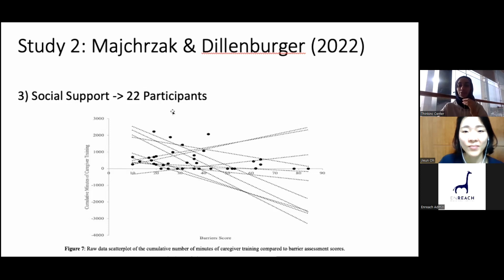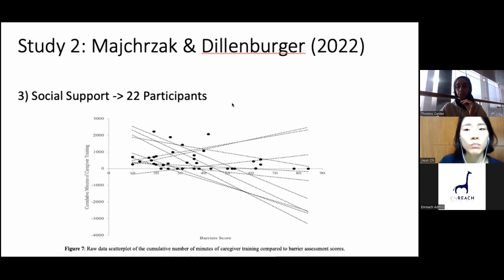So for the 22 participants, they had the scores of the VB-MAP assessment, both on the milestone assessment and the barriers assessment. And the results showed that for the participants who had caregiver training, the scores of the milestone assessments increased for 20 of those participants.